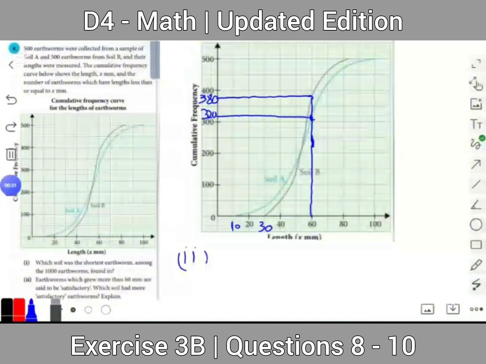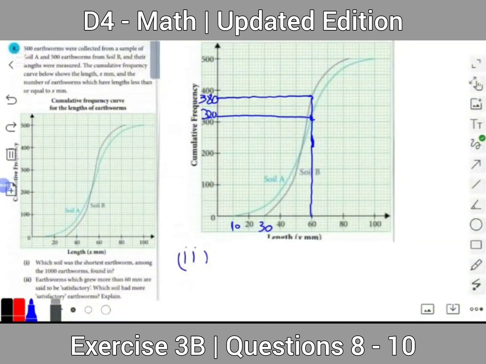So the number of earthworms longer than 60 millimeters from soil A is 180, and the number of earthworms from soil B with length longer than 60 millimeters is 120.